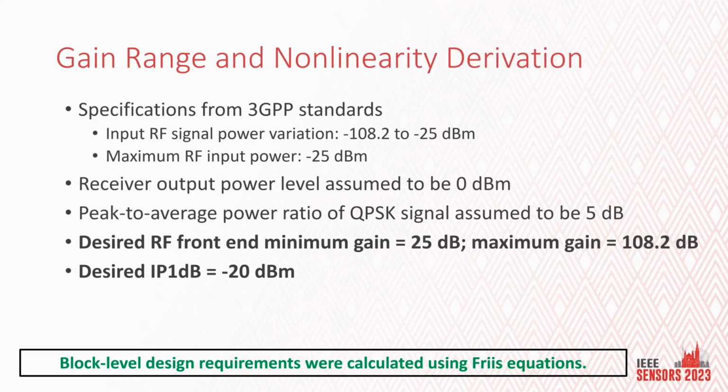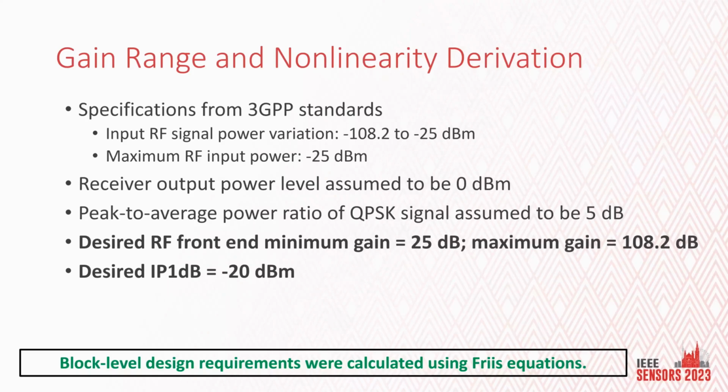Now I shall talk about the gain range and nonlinearity derivation. From the 3GPP standards, the input power from the antenna can vary anywhere between -108.2 to -25 dBm. So this specifies the maximum input RF power to be around -25 dBm.